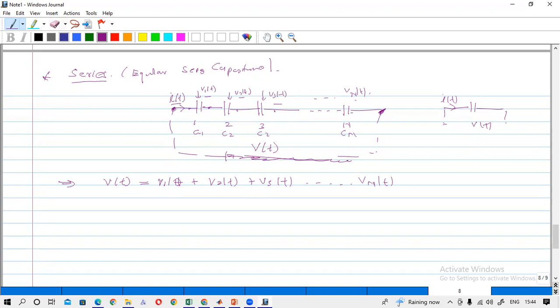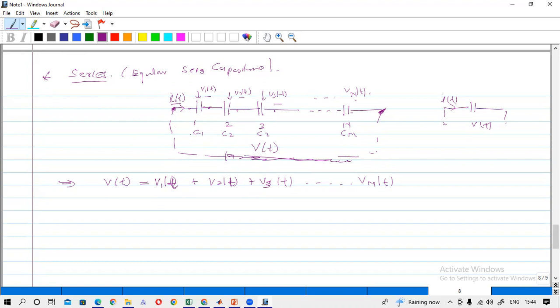This is V1t, V2t, V3t up to Vnt. So I is constant. Now you can see that I is constant.